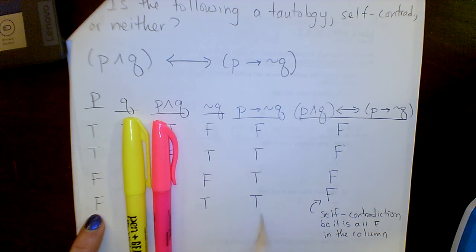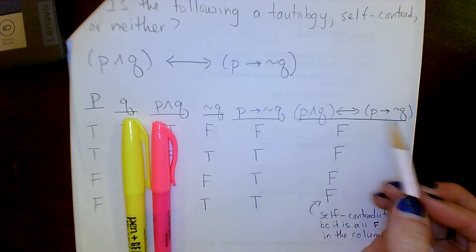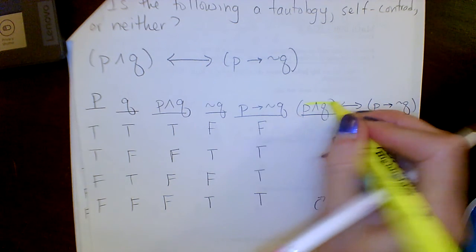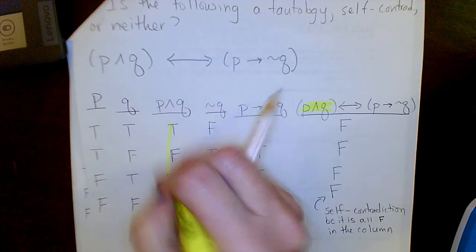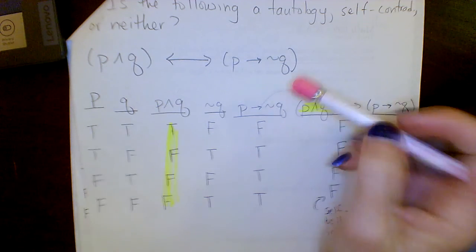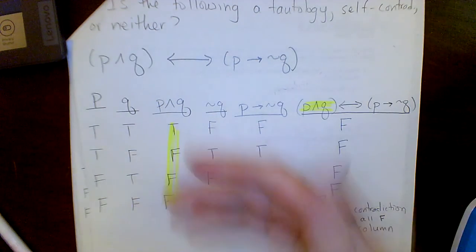False, true, that's fine. Now we get this biconditional statement. And this is the biconditional statement that's going to go along with that. Oops, I'll just write on that.